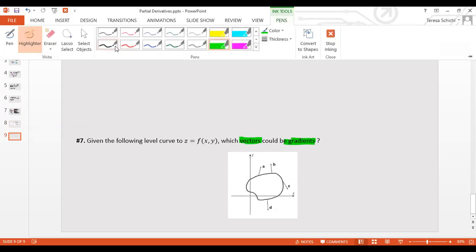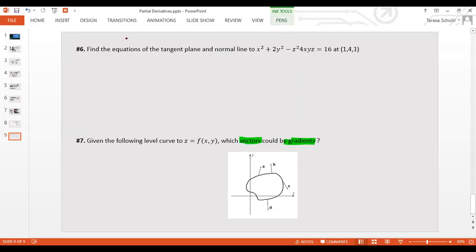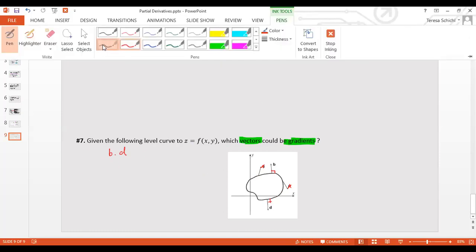The gradient vectors have to be perpendicular to the level curve. Obviously C is not, A is not. So B and D could both be the gradient vector at that specific point. It's pretty straightforward.